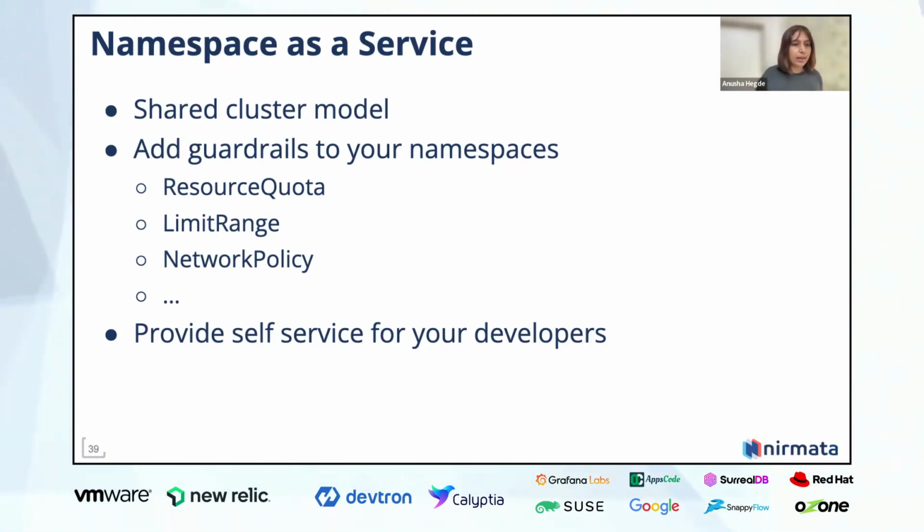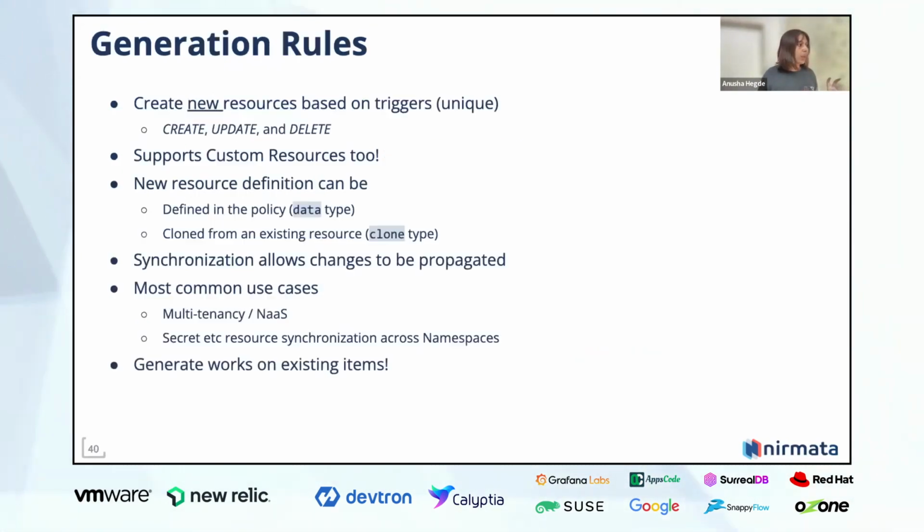So you can write Kyverno policies in such a way that if a small namespace is requested, create a namespace with a smaller set of resources. Or if a medium namespace is requested, create slightly higher CPU and memory resources. So all of this is possible with Kyverno, and this is how you can introduce self-service models in a multi-tenancy environment. So we will look partly at this workflow today.